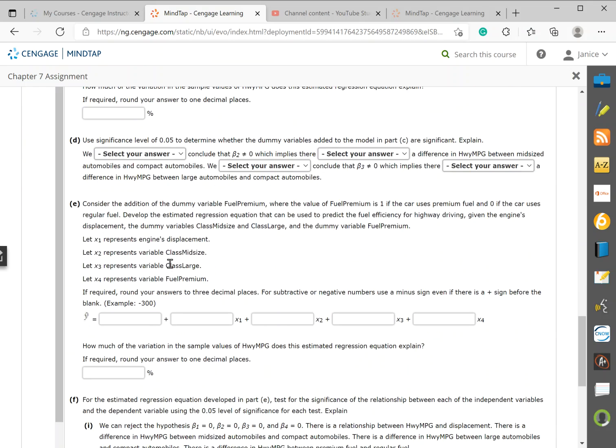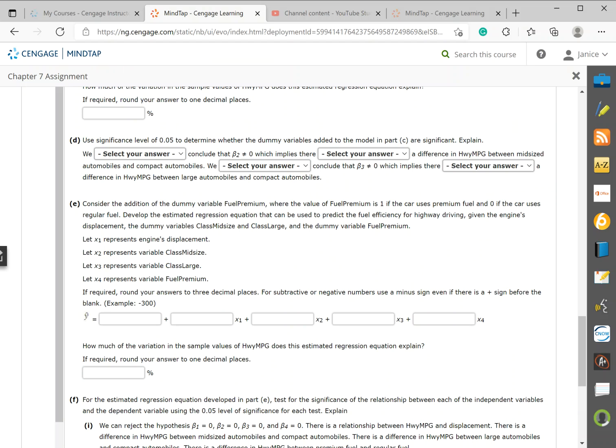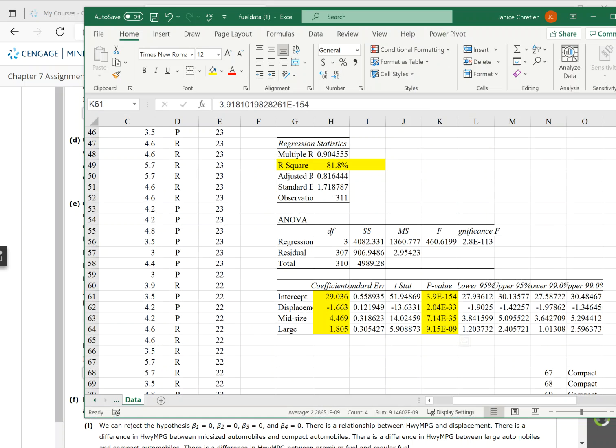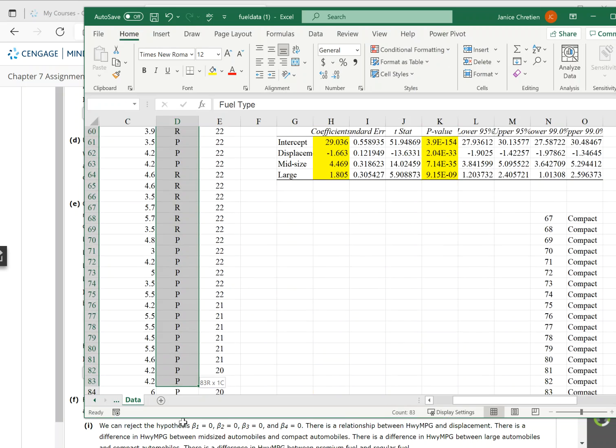Okay, then on E, consider the addition of a dummy variable for fuel premium. So we're doing the same thing, but now we're adding in fuel premium. And that's going to be in the last, so it's going to be after the large. And remember, I had deleted it, but that's no big deal because we'll just come up here and say fuel type, copy that column.